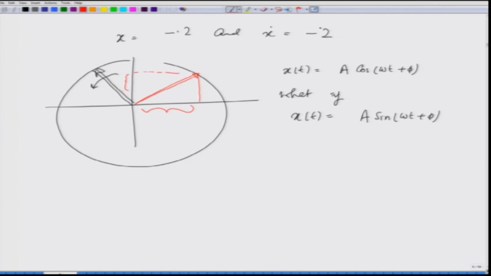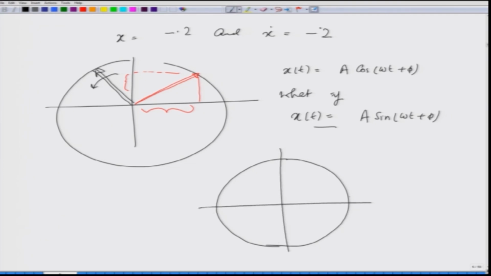If I want to represent the motion as sine, the only difference that will come, and after that I will leave it for you to work it out, would be that if the phasor is here, the motion would be projected on the y axis, and for the first quadrant now I am going to have x greater than 0, because this is what x is representing, and phasor is moving up. So, the point will be moving out. So, x dot would also be greater than 0.